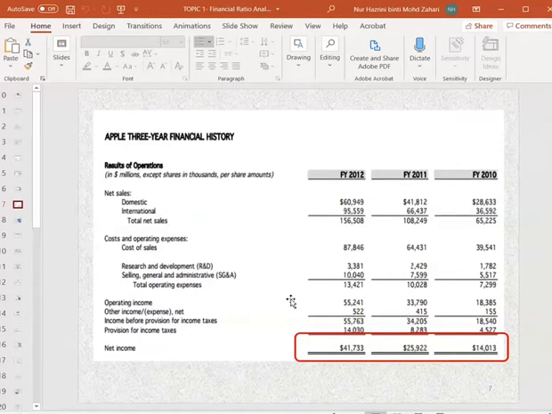Like I said, we use financial ratio analysis because the figure in the financial statement is not enough to tell us whether the company is doing good or not as compared to the other company and also as compared to the previous year. We use financial ratio analysis not only to compare between companies within the same industry.